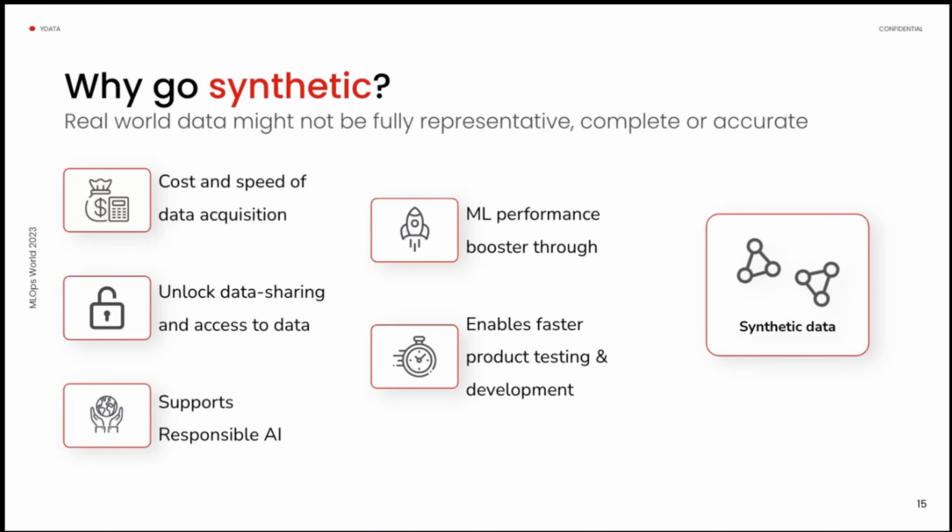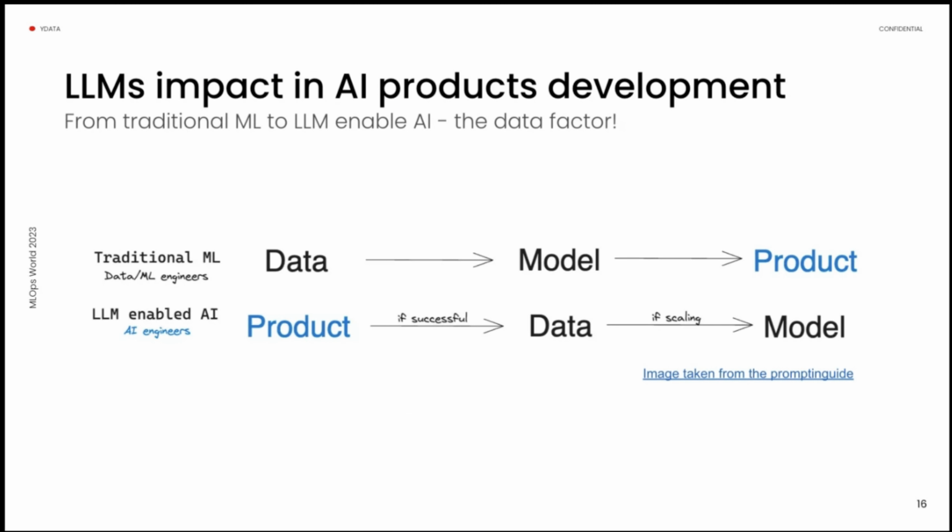But this is even more important when we see the impact that LLMs are having in the development of AI products. So traditionally, we saw this flow where data was acquired first, and then the model was built, and that model would be integrated into a product.